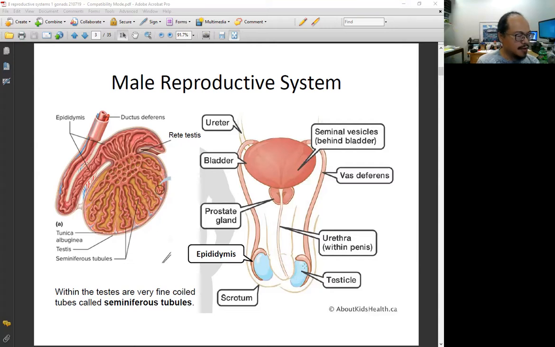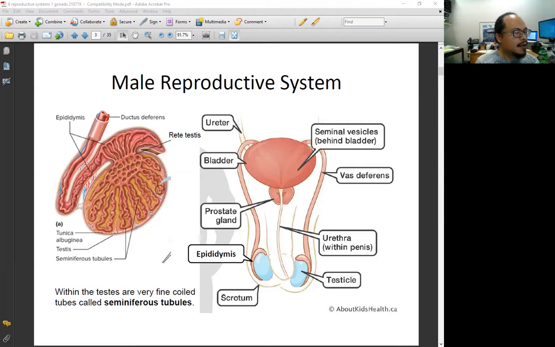And then these matured sperms will swim through the epididymis, and then go through the Vas Deferens, right here, and enter into the pelvic cavity inside of the body from the scrotum.